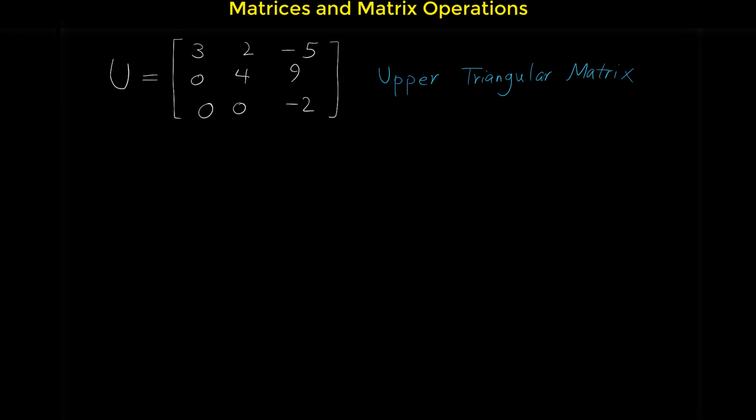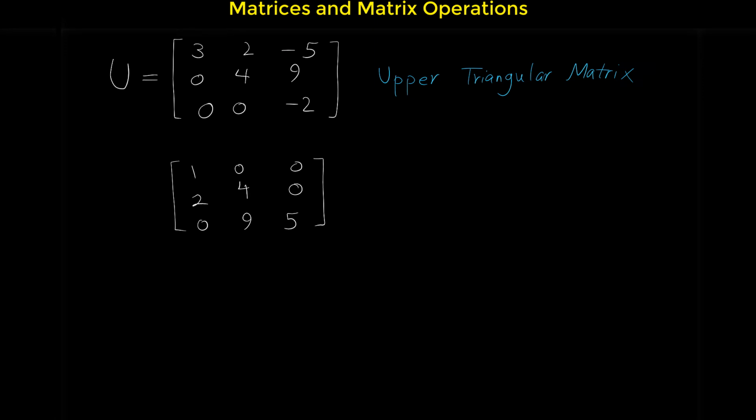Probably you can guess that we can have a lower triangular matrix. Let me show you an example of a lower triangular matrix. Consider this matrix: 1, 0, 0, 2, 4, 0, 0, 9, 5.